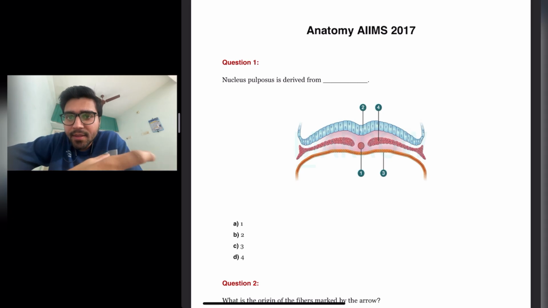For state institutes there is NEET PG. So now there are only two examinations for entry into the postgraduate medical courses, that is NEET PG and INI-CT.